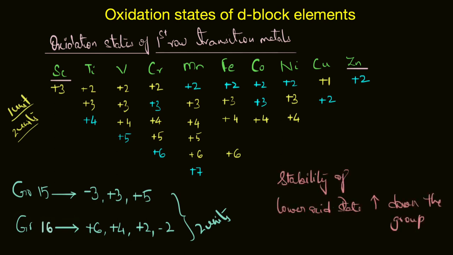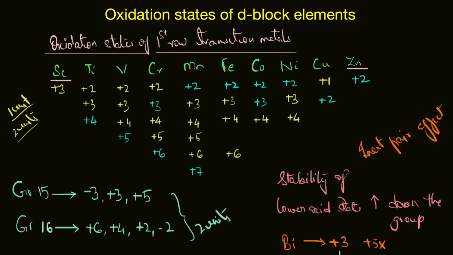Do you recall that in the p block elements, the stability of the lower oxidation state increases as we go down the group? Yes, it was due to a phenomenon called the inert pair effect. So because of that, if you look at group 15, the heaviest member, bismuth, was more stable in the +3 oxidation state and not in the +5 oxidation state, which was the group oxidation state.